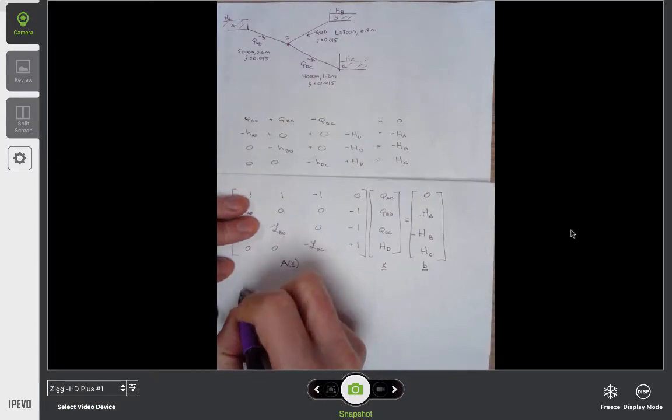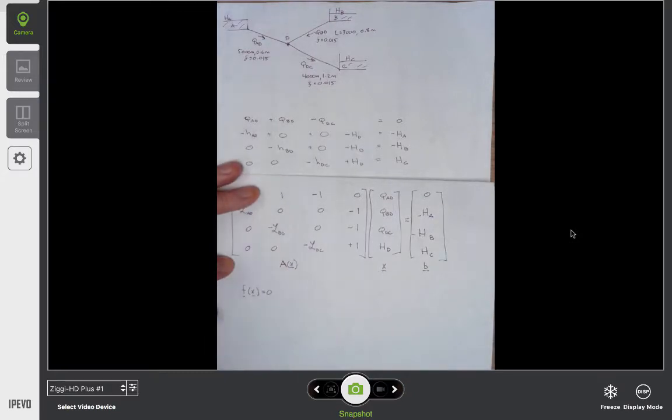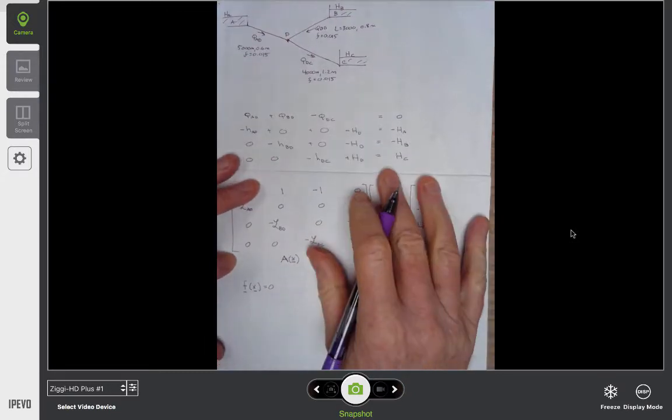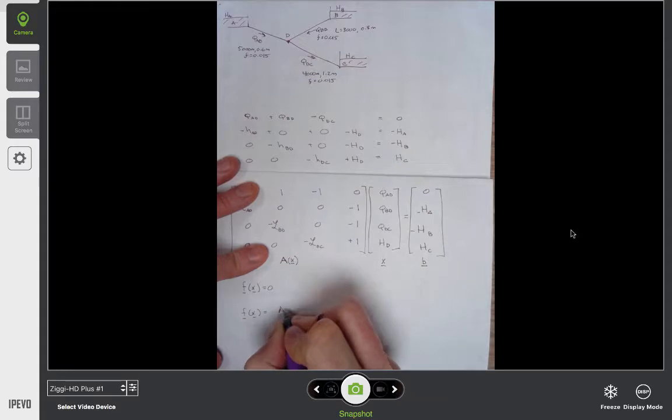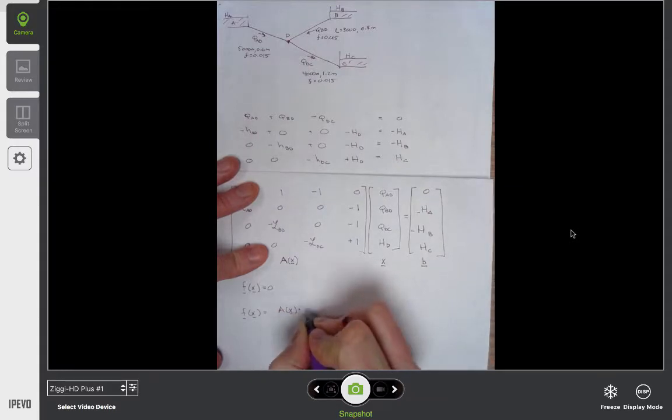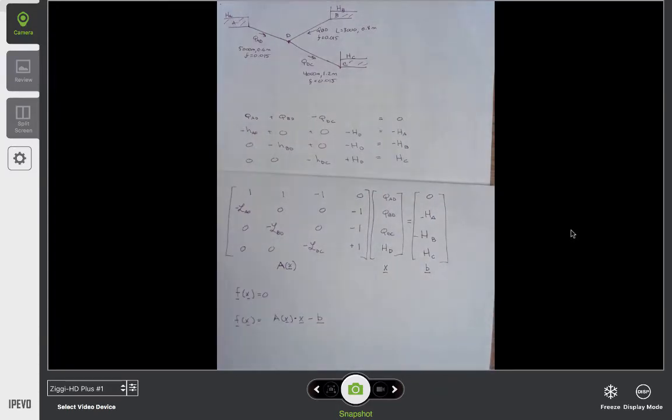And we want to find a function f of x equals 0, and we're going to solve for x by Newton's method. Well, my function in this case is f of x is equal to A of x times x minus b. So at the correct value of x, at the correct QAD, QBD, QDC, HD, that should equal 0.